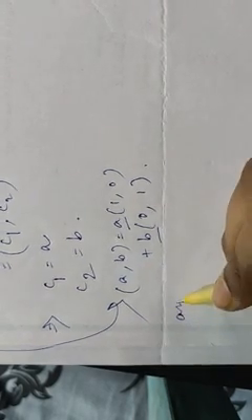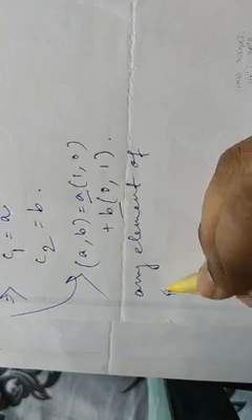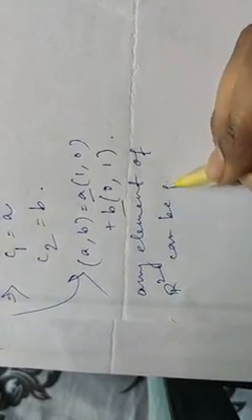So any element of R square can be expressed as a linear combination of (1, 0), (0, 1), right? So the second condition for being a basis is also satisfied, that is, the set (1, 0), (0, 1) is a basis of R square.